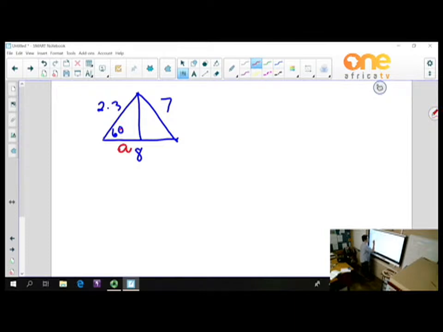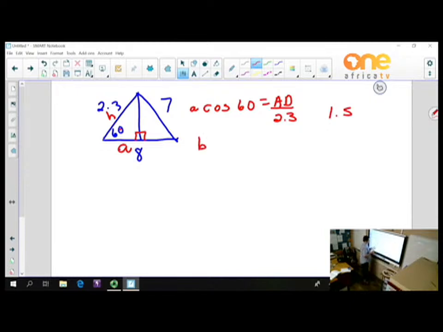It means this is adjacent, and this is the hypotenuse, because there's the 90 degrees. So, cosine, the included angle. So, cosine 60 degrees is then equal to AD over 2.3. Which method? Top times, we'll just multiply there, and then we get 1.5 meters.